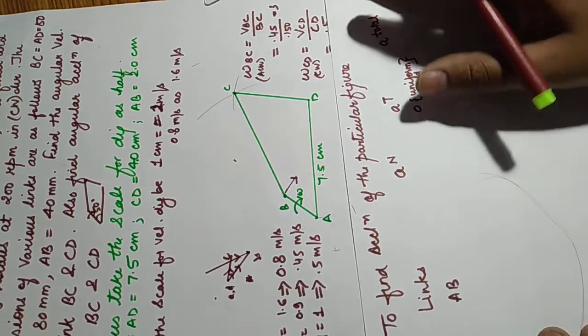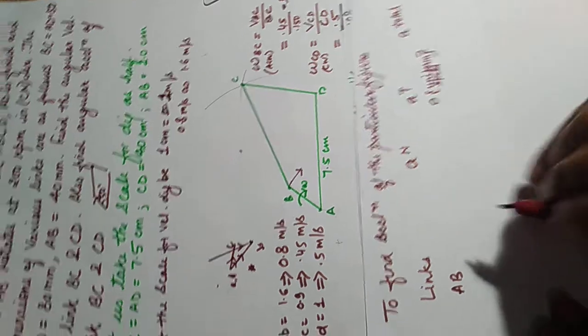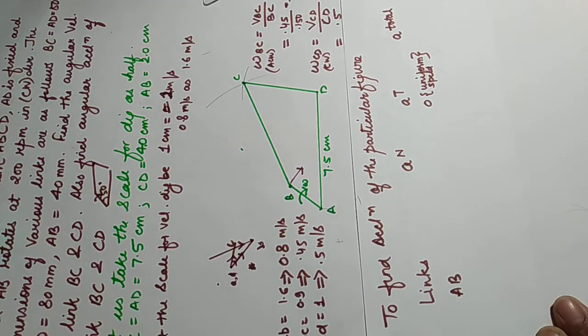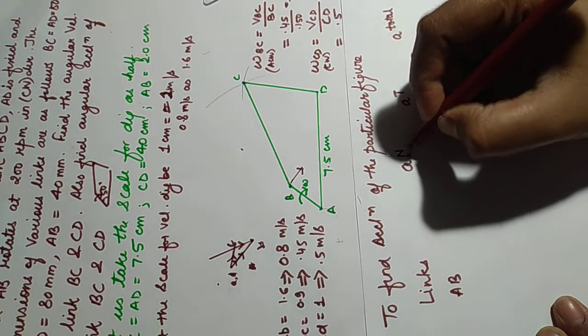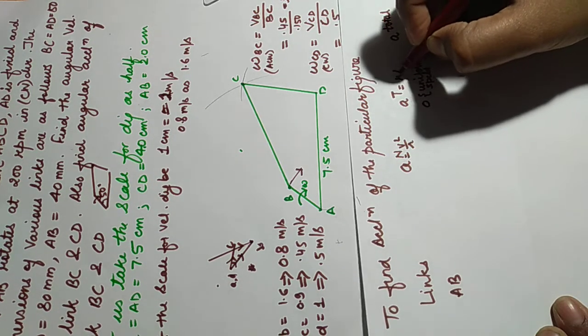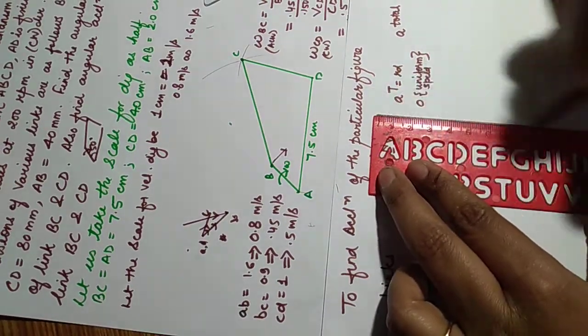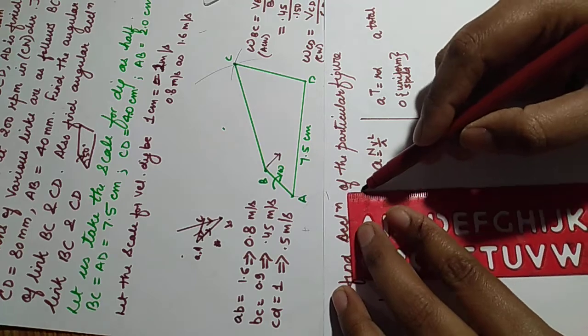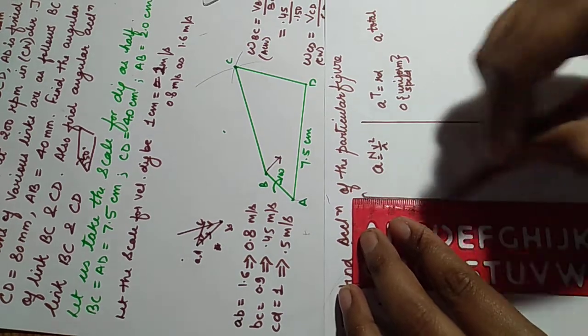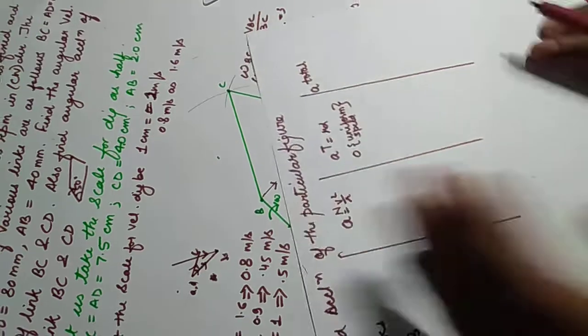So after this we have an. So an can be found by v square by r. The formula is equal to v square by r, and this is r alpha. Just remember this. So let me make a table for this. Now we are going to calculate it and then find the total acceleration.